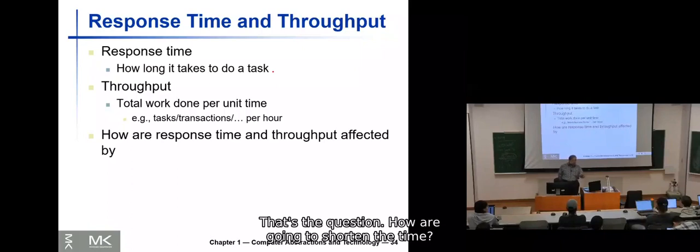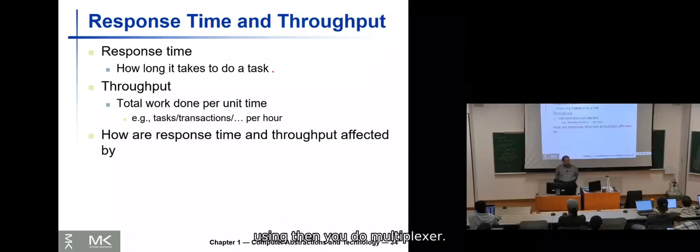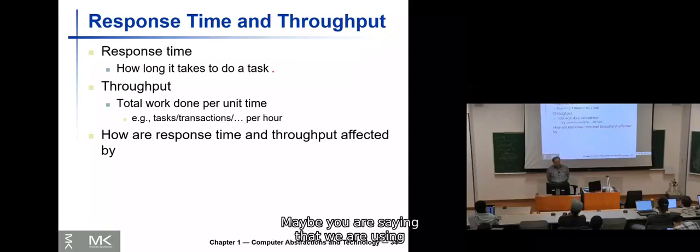How? That's the question. How are you going to shorten the time? For example, using multiplexers. When you do multiplexer, it will be faster. How? Maybe you are saying that we are using multiplexer to do something in parallel, you know?